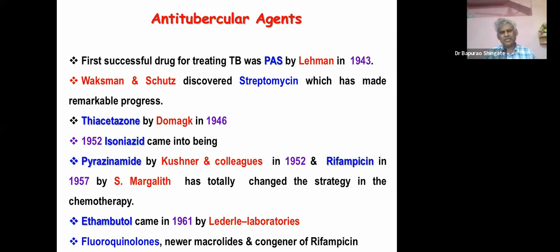Later on in the year 1961, another small drug, ethambutol, was developed by Lederle Laboratories, and then fluoroquinolones and rifampicin came in the market to cure tuberculosis. Later on, the only drug that can save the patients of tuberculosis is bedaquiline, and we will see about that drug also.